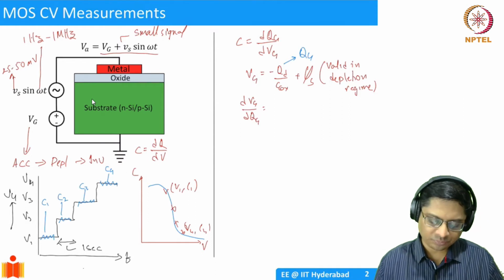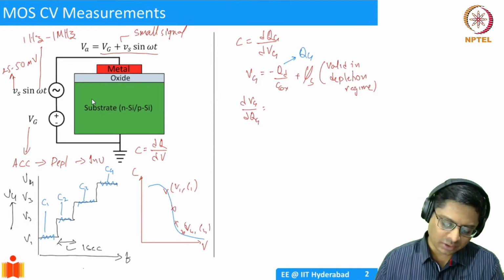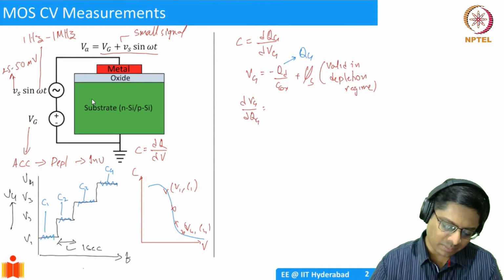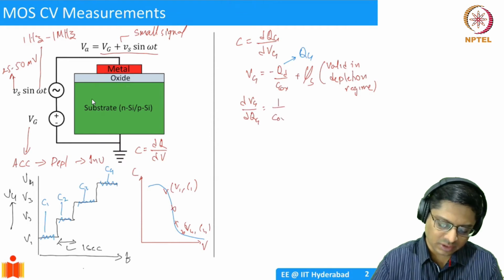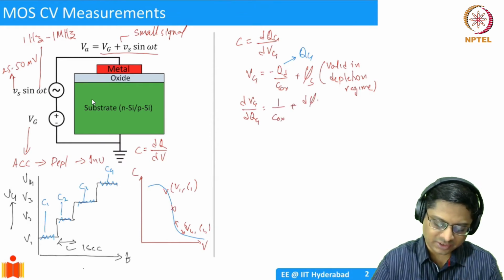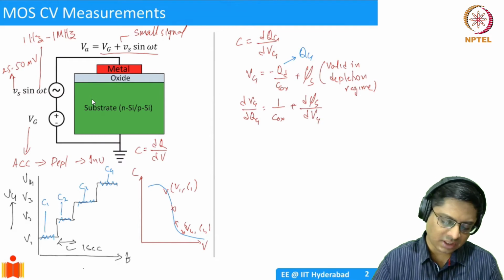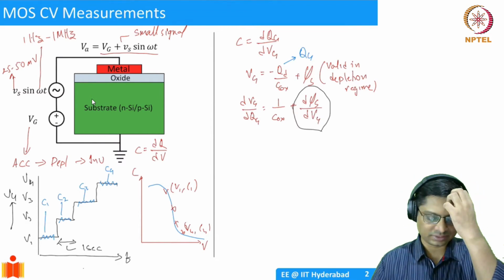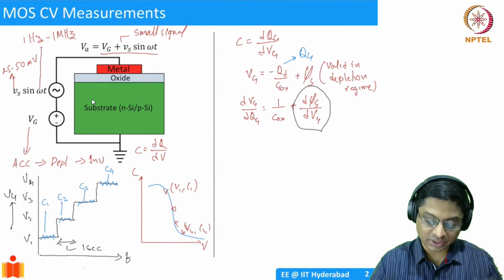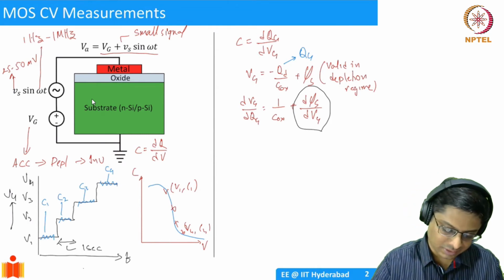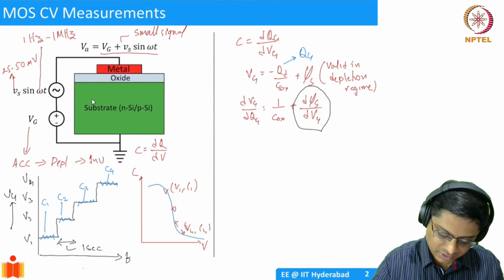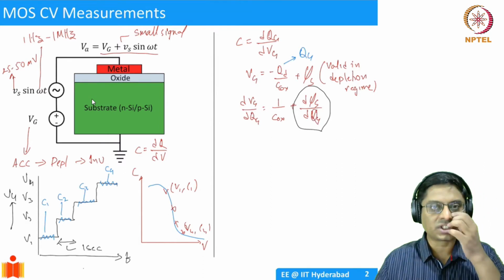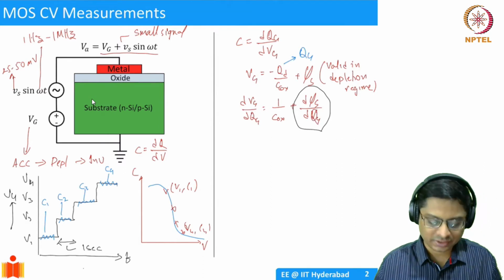So when you have this, what should happen? This will be simply 1 over Cox plus d phi s divided by dQg. Sorry, not dVg, this is dQg. How is the potential varying with respect to the charge?